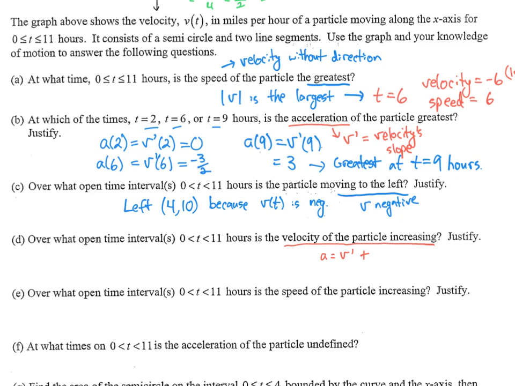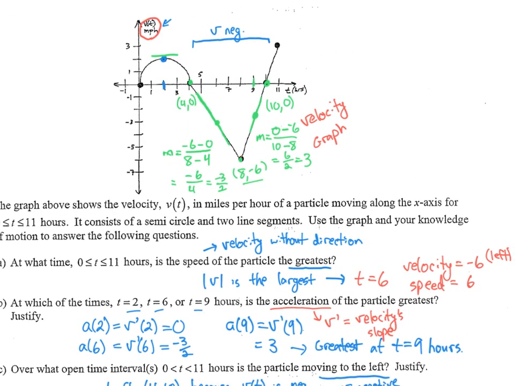We have the graph of velocity up here. And what we're trying to answer now is, where is this graph increasing? So when I look at this graph for increasing, I see an increasing section from 0 up to 2. And again, I can comfortably say that because it looks like my slopes here are positive from 0 to 2.